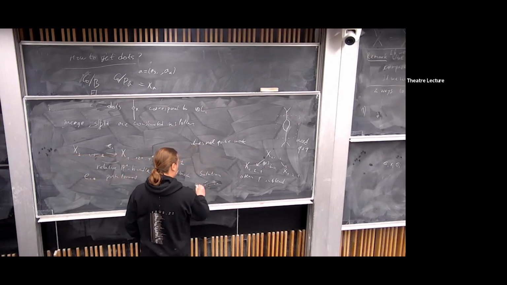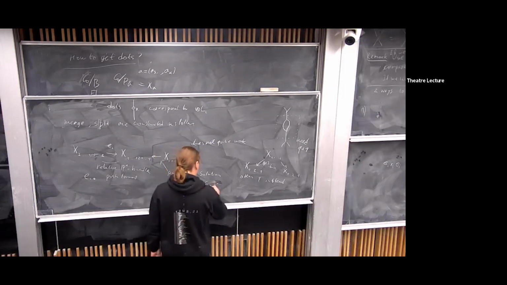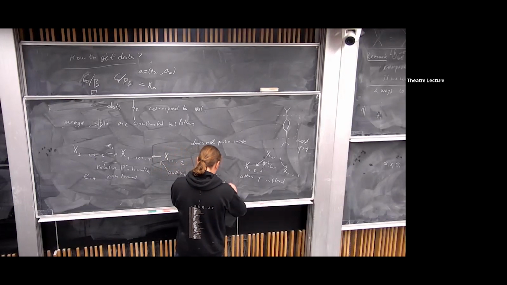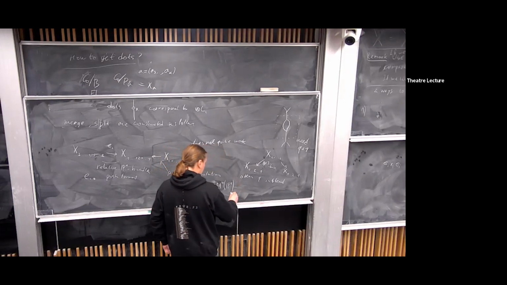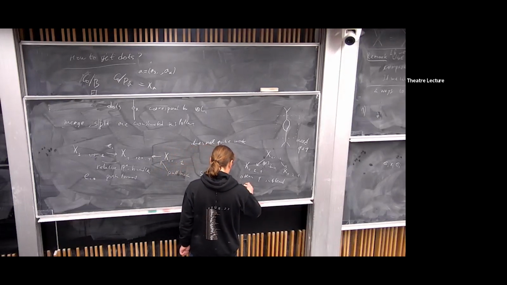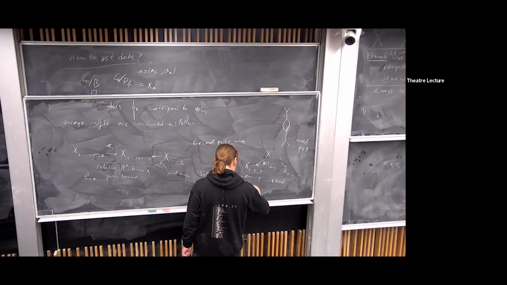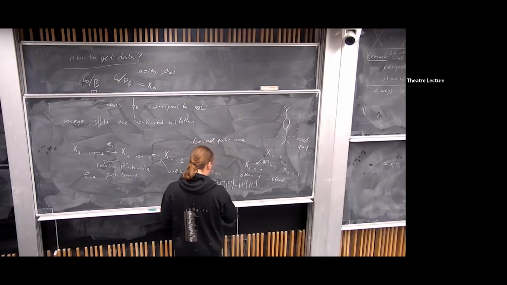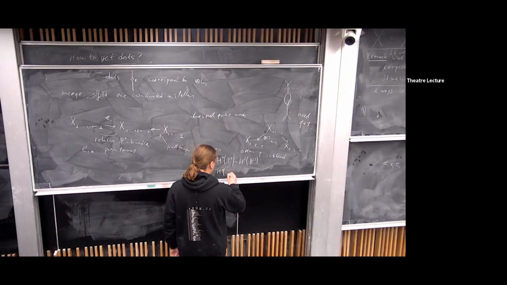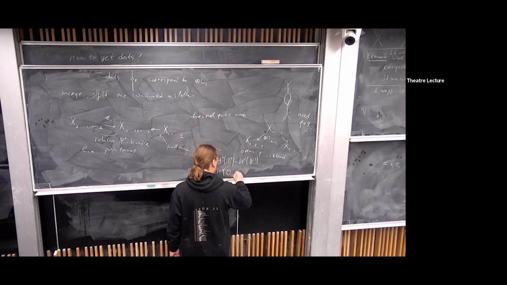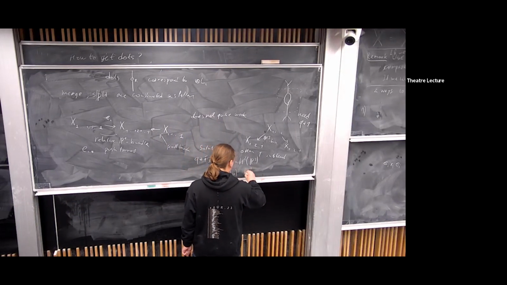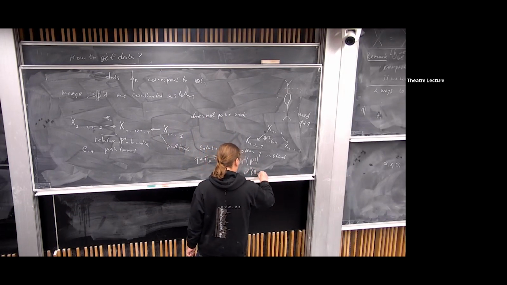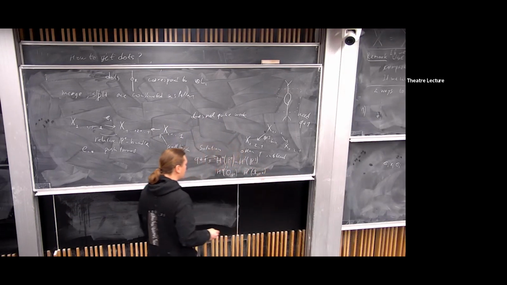So you think of q plus 1 as H0 of P1 minus H1 plus H2 of P1. This is H0 of the structure sheaf, and this is H1 of the differential forms by Hodge theory.